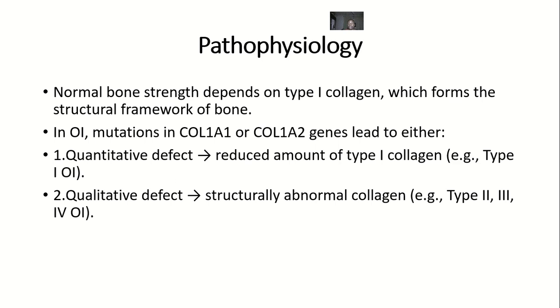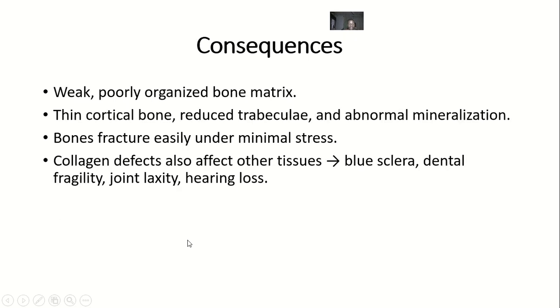That is what results in type 1 osteogenesis imperfecta. Or there's a qualitative defect, that's structurally abnormal collagen. Here the collagen is actually formed, but the structure is abnormal. It usually results in type 2, type 3, or type 4 osteogenesis imperfecta.